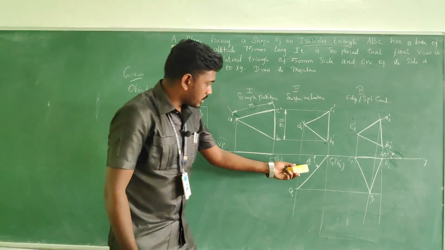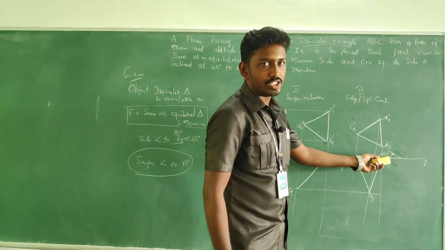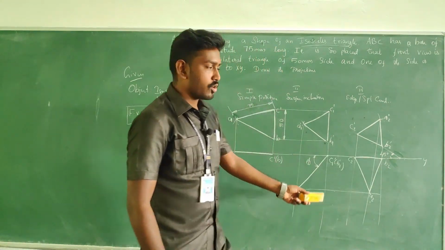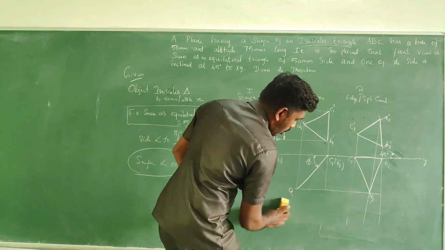Then inclination: it is not given in your question, and the 45 inclination is given for the side, so it is captured, and you have to take the note at close.